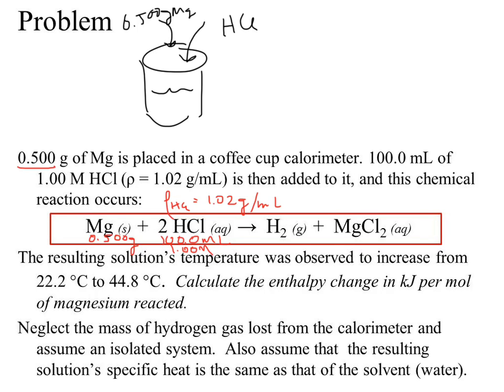We could get to mass using volume and density. Those two are mixed together, and it tells you it goes up to 22.6 degrees? Dang. So that must be an exothermic reaction.